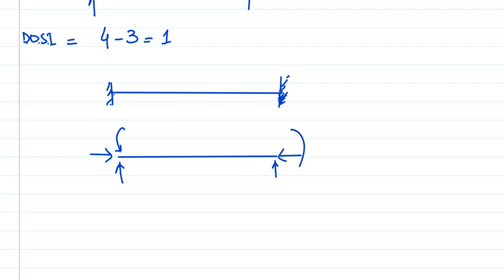So total unknowns are 6 and available equations are still 3. So the degree of static indeterminacy for a fixed ended beam would be 3.